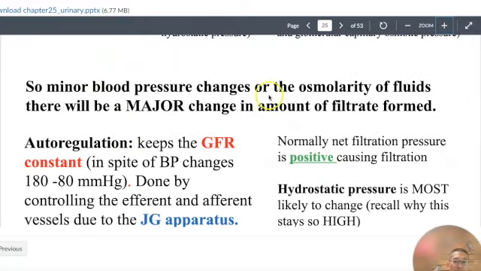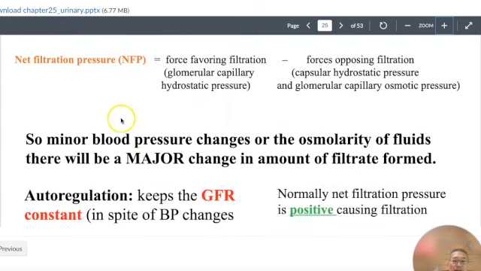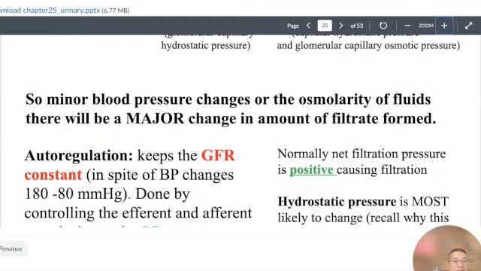With a minor change in blood pressure or osmolarity of the fluid, there will be a major change in the filtrate formed. Again, hydrostatic pressure is the pushing through of the blood. If there is just less pressure pushing through, a lot of changes will happen.